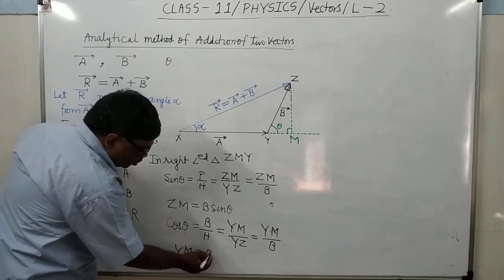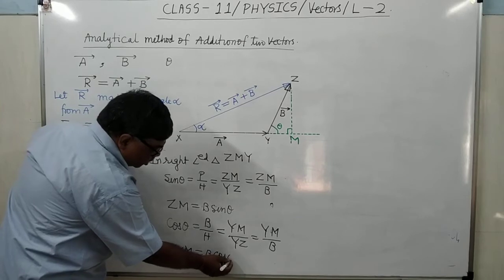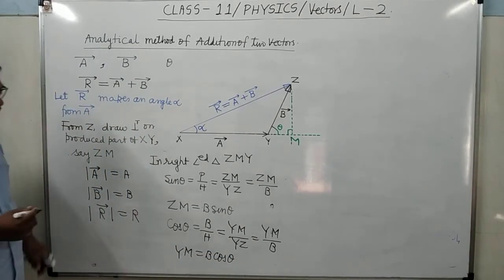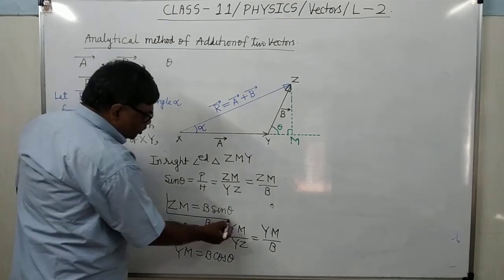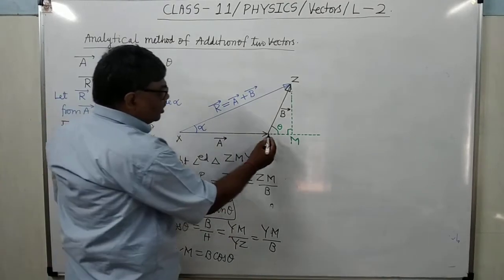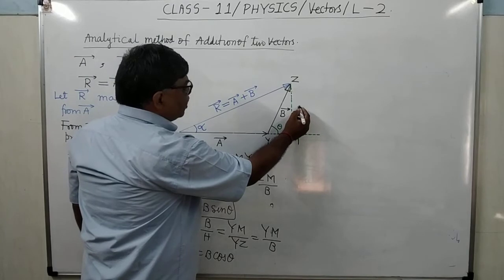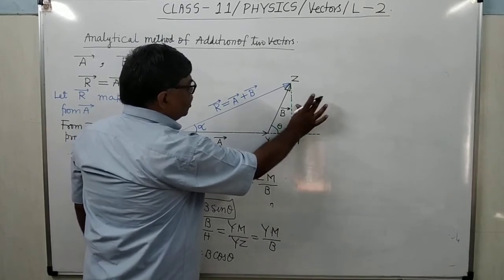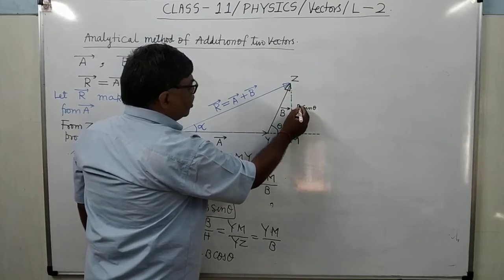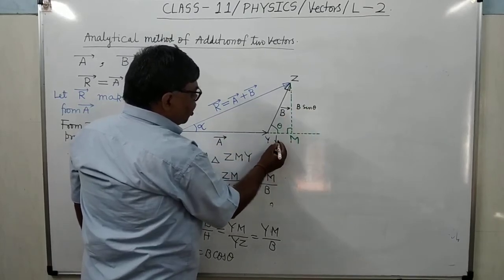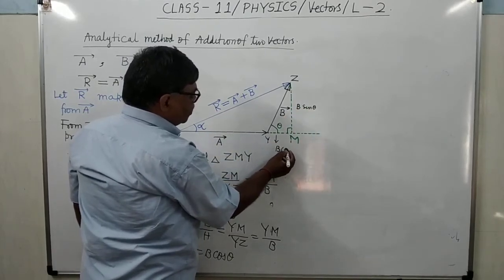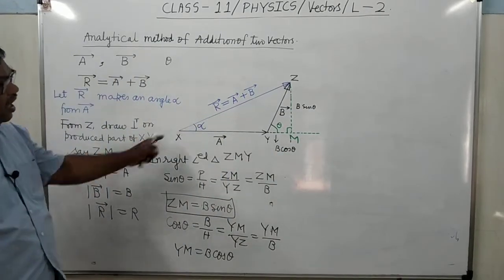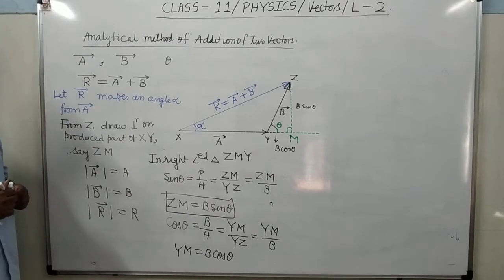YM equals B cos theta. It is clear. Means here you have got ZM equals B sin theta, and YM is B cos theta. What is the length from X to Y? It is A, and from X to Z it is R.